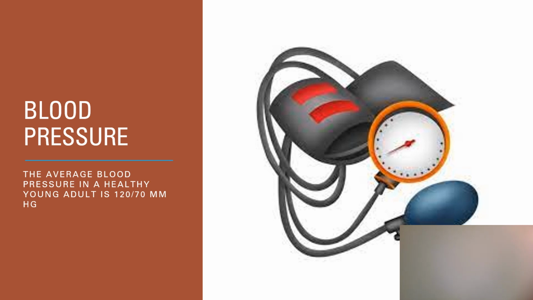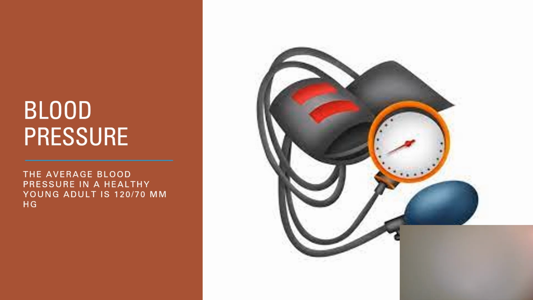Make sure that the client's feet are flat on the floor. All of these things are going to help obtain an accurate blood pressure. If you obtain a really off reading, whether it's really high or really low, sometimes we just wait about 10 or 15 minutes and then retake it, making sure that you're following all of those rules.